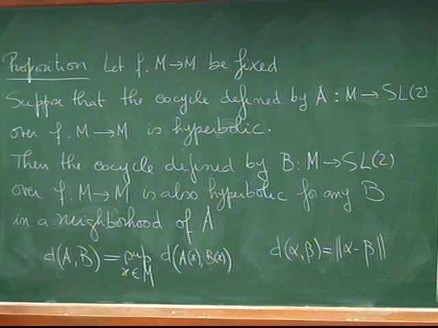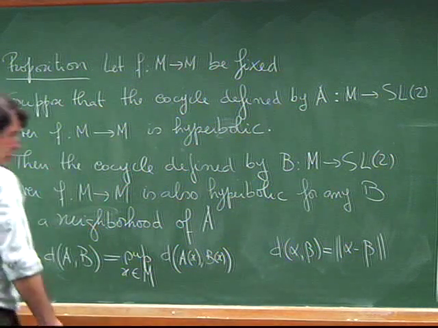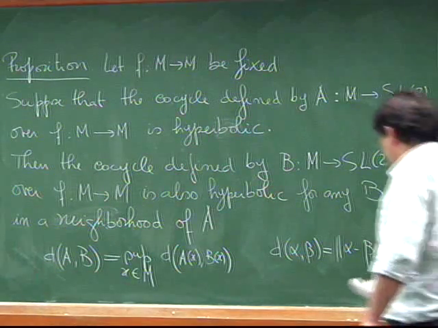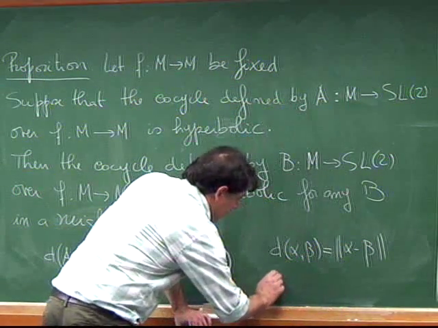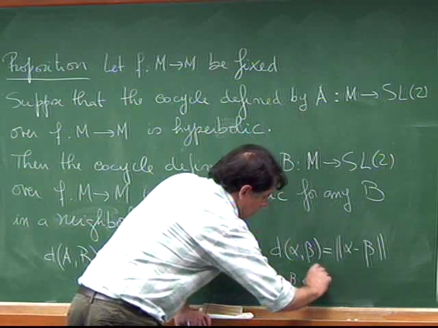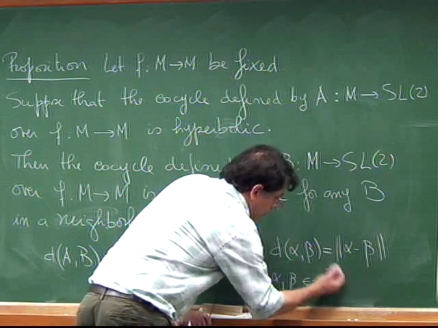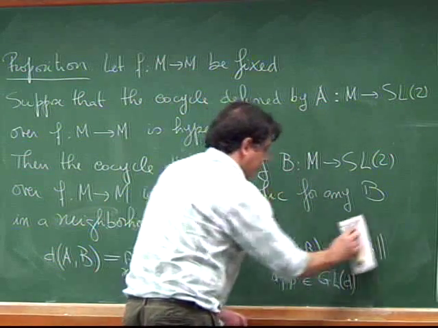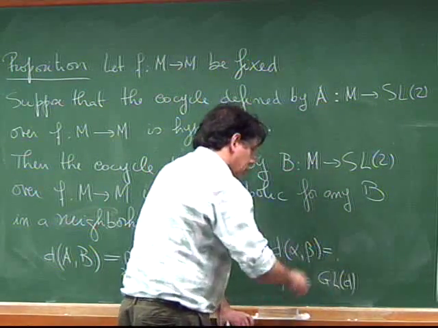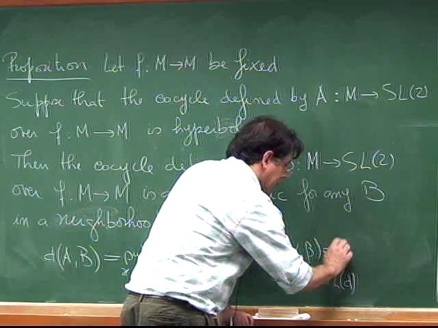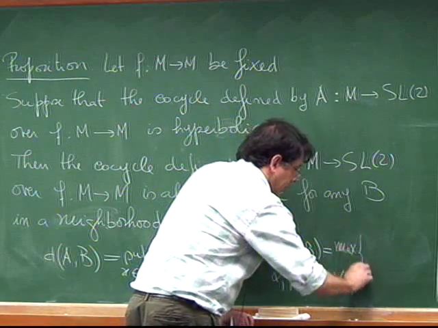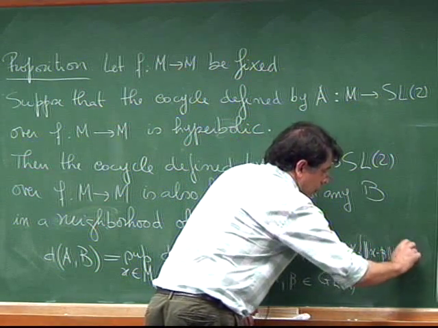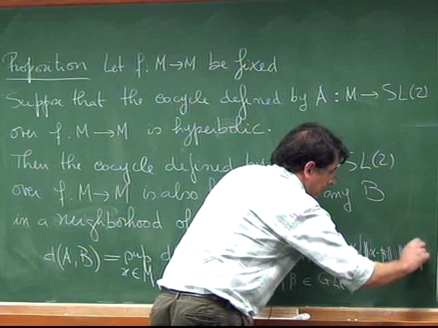In fact, this is for alpha and beta in SL(d). If I do it in GL(d), this is not the distance that I want. I want the maximum between the norm of alpha minus beta and the norm of alpha inverse minus beta inverse.